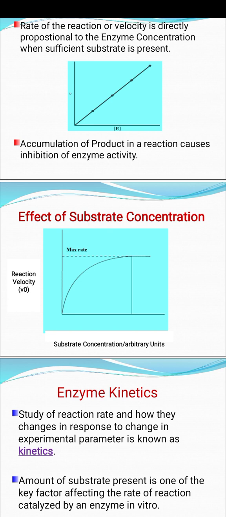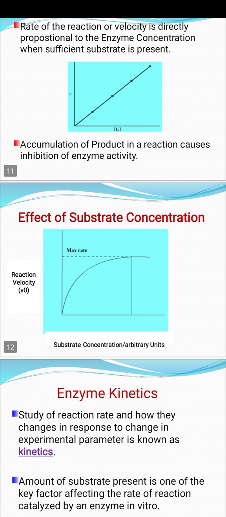The rate increases rapidly with the initial increase in the substrate. Increase in the substrate concentration has no effect on the rate at Vmax. The rate becomes independent of the substrate concentration.